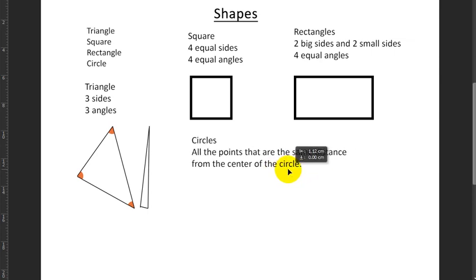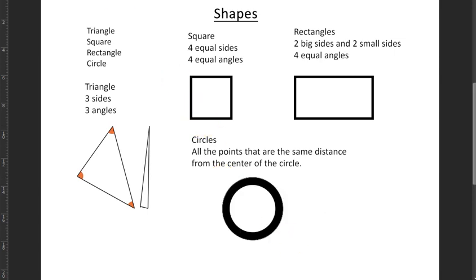It's a bit easier to just show you in this case. So let's make a circle. Okay. There we go. There's a circle. I'm going to make it a little less. Yeah. And its center would be right about here.